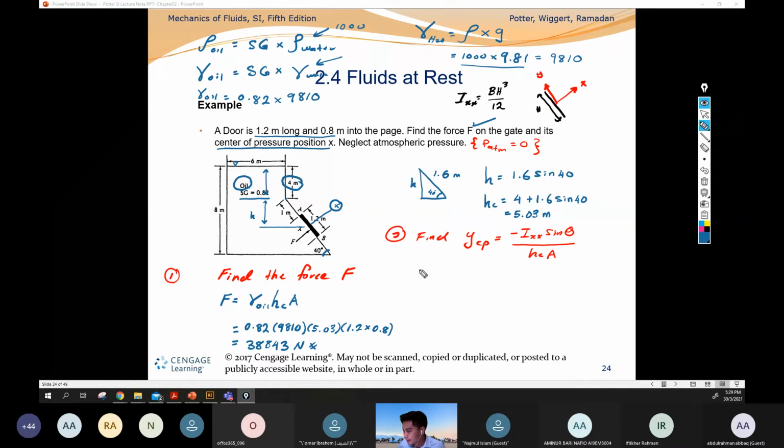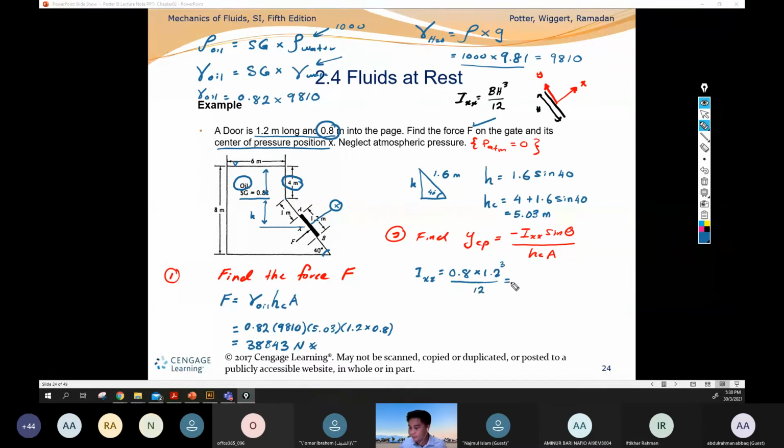Alright? So from here, just substitute into the equation given. So IXX equal to, so what's the B? What's the value of B here? 0.8. So what's the value of H? 1.2. Yes. 1.2 to the power of 3 over 12.